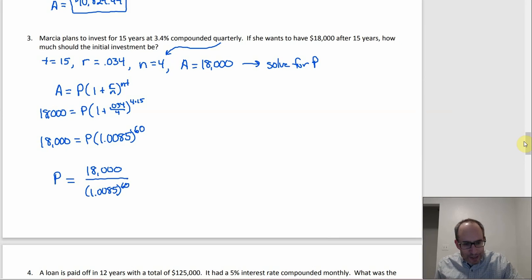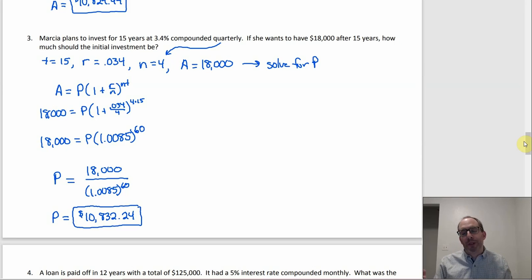And what that ends up being is 10,832.24. Which doesn't look that big to get 18,000. The reason it doesn't look that big, it's because it takes 15 years, right? That's what's doing it. Long time frame. You don't need to invest as much.